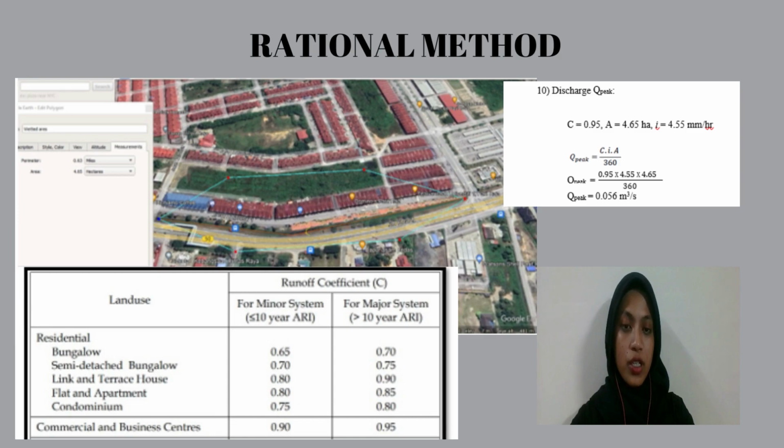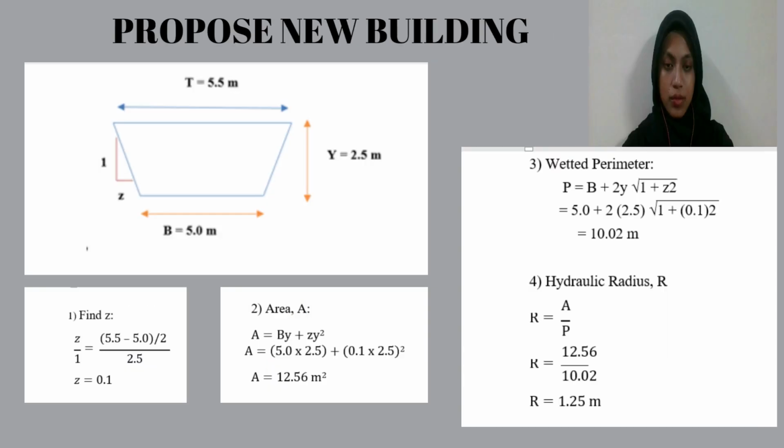Our coefficient is 0.95 because our ARI is also more than 10 years. Then our QP value is 0.056 m³/s.